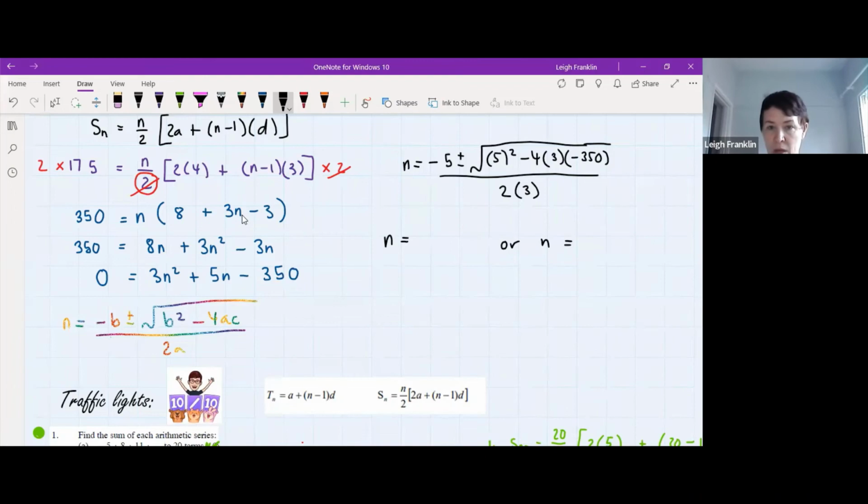You can share those with me when you're ready. Anyone got a solution for n, or two solutions for n?